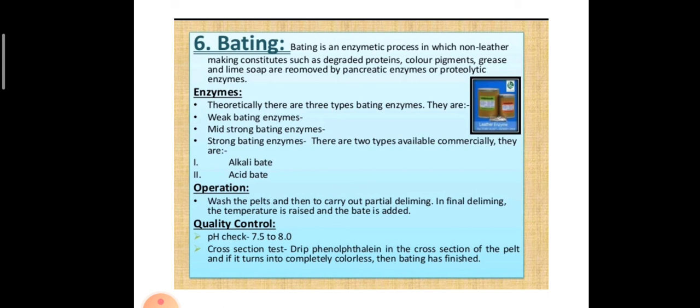Now, theoretically there are three types of bating enzymes. They are weak bating enzymes, mild strong bating enzymes, and strong bating enzymes. There are two types available commercially. They are alkali bate and the other one is the acid bate.